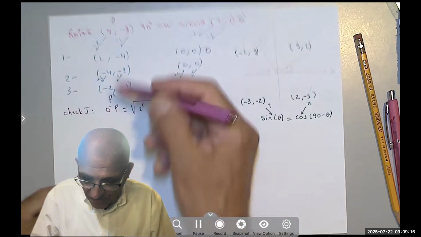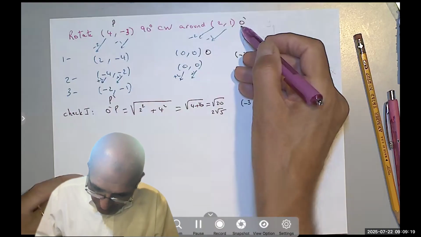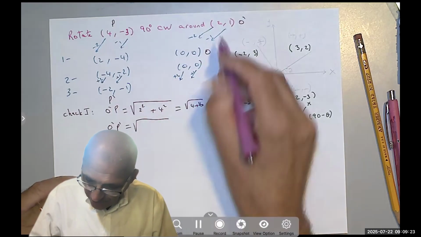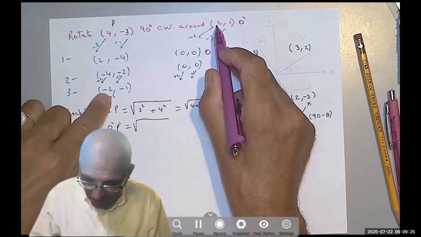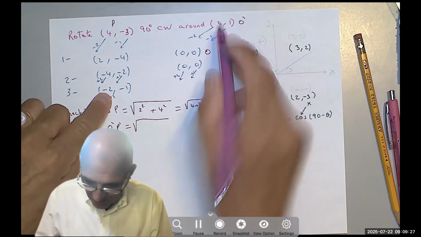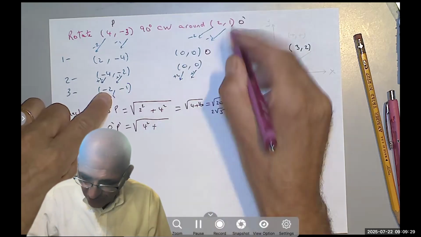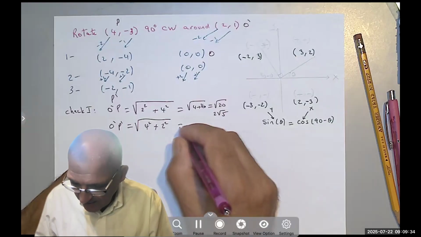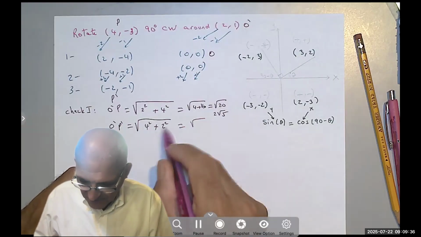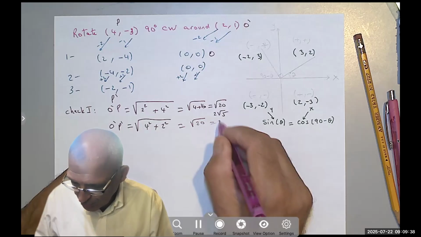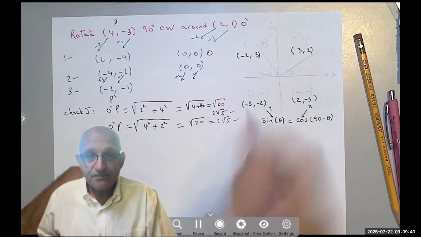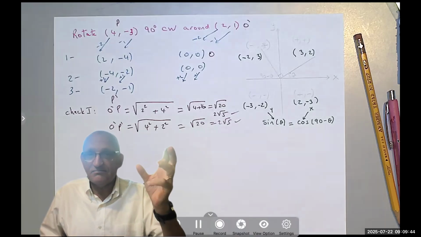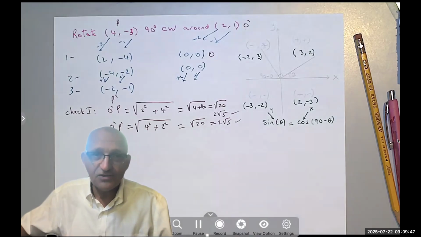Okay, so now the distance from O prime to P prime, from 2 to negative 4 to negative 2 is 4 squared. And from 1 to negative 1, it's a distance of 2. So plus 2 squared, again, it's equal 16 plus 4 or root 20 or 2 root 5.